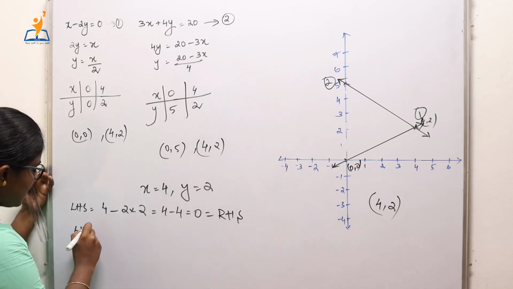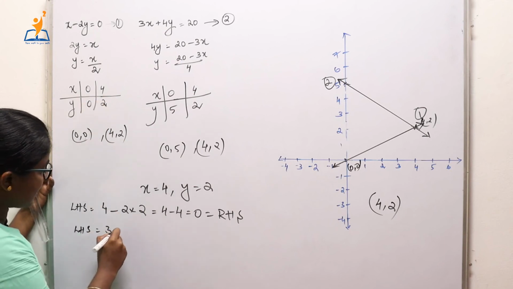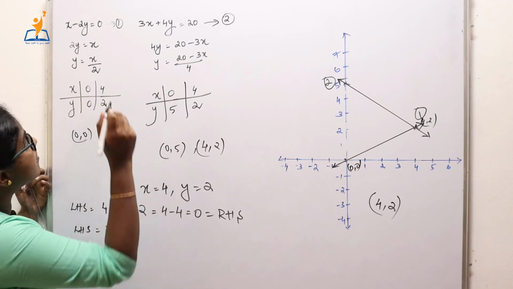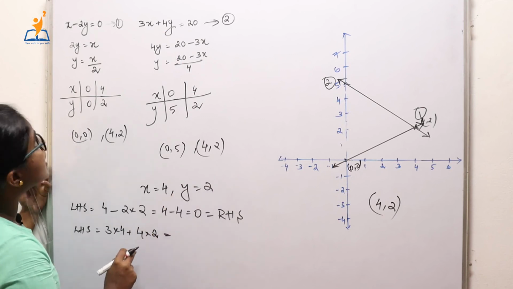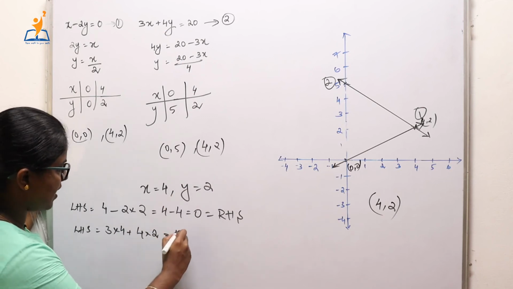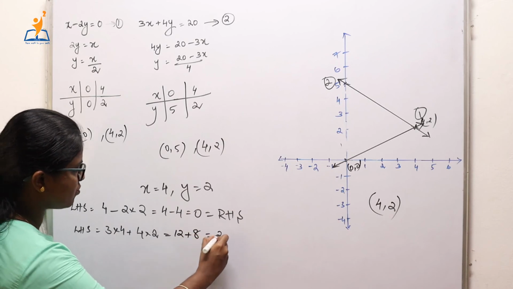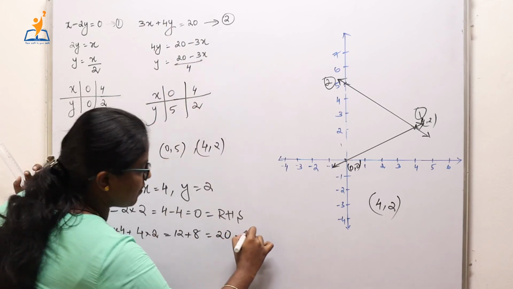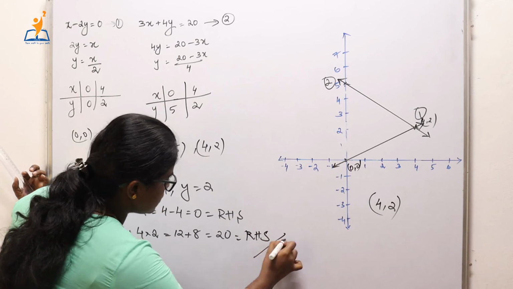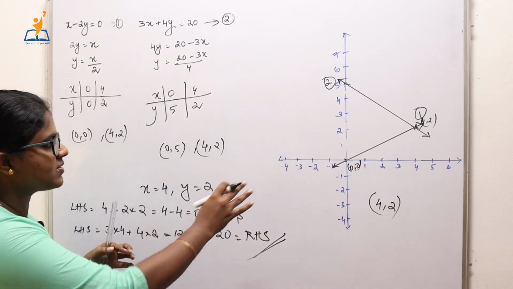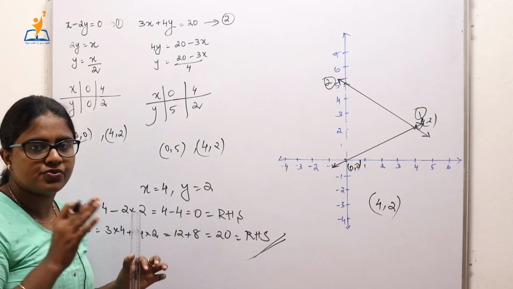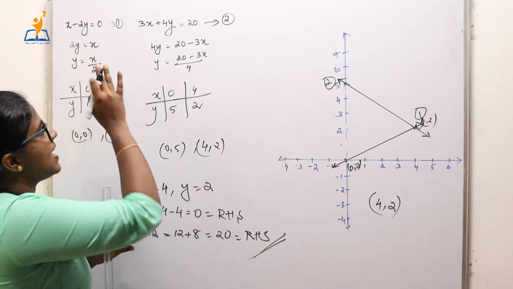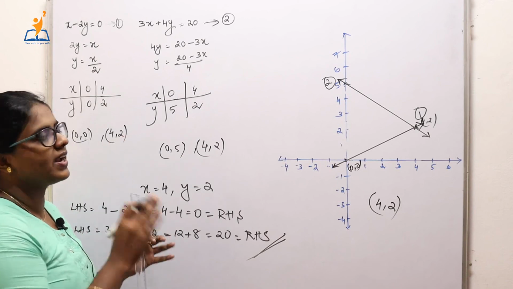The LHS becomes 3 into x, that is 3 into 4, plus 4 into y, that is 4 into 2, equals 12 plus 8, which is 20, the RHS of our equation number 2. So we can conclude that the solution we found graphically is correct, because x equal to 4 and y equal to 2 satisfies both equations 1 and 2.